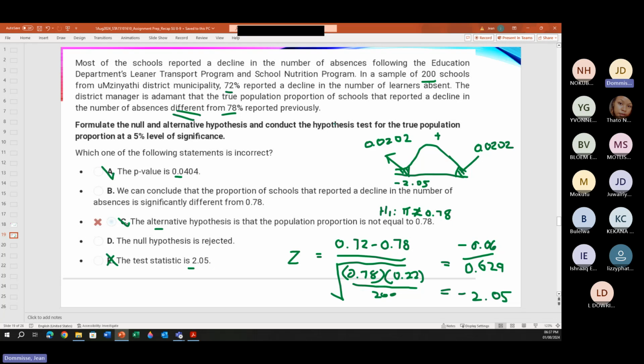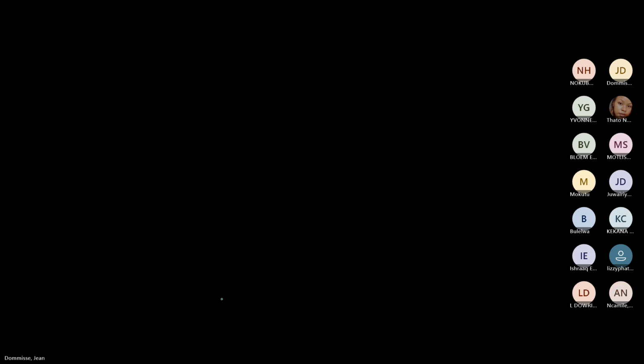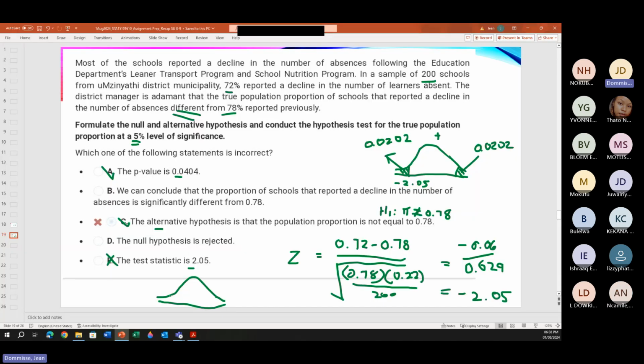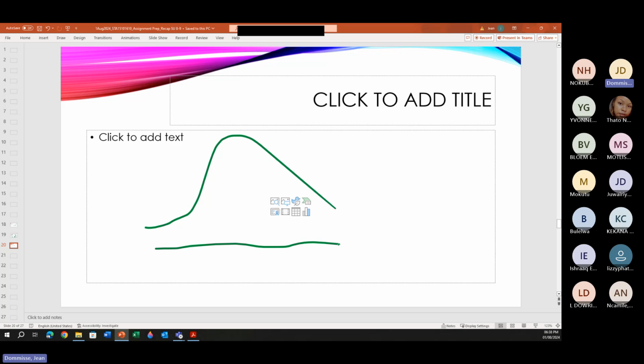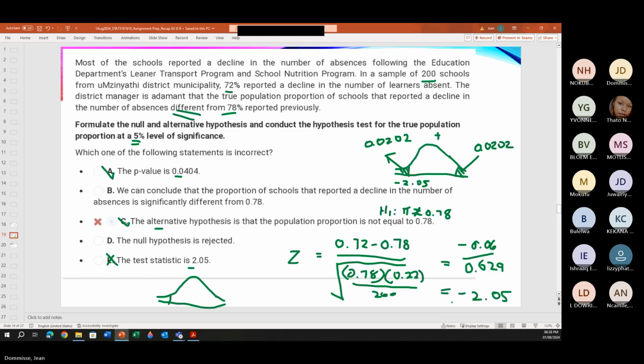So let's look, we tested at a 5% level. Remember, our test statistic was minus 2.05.